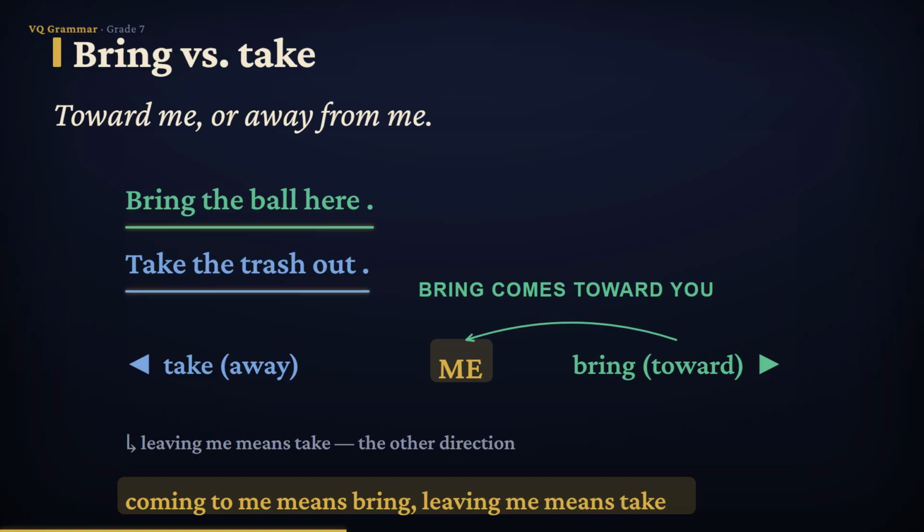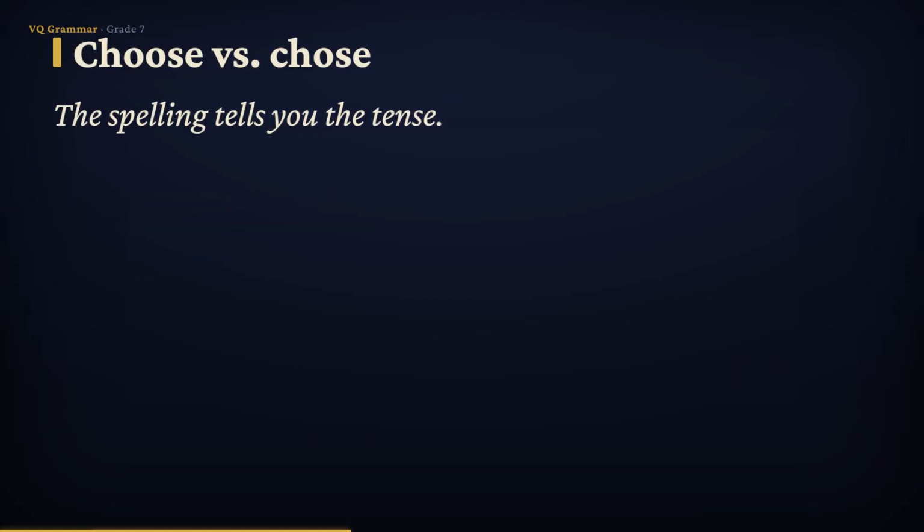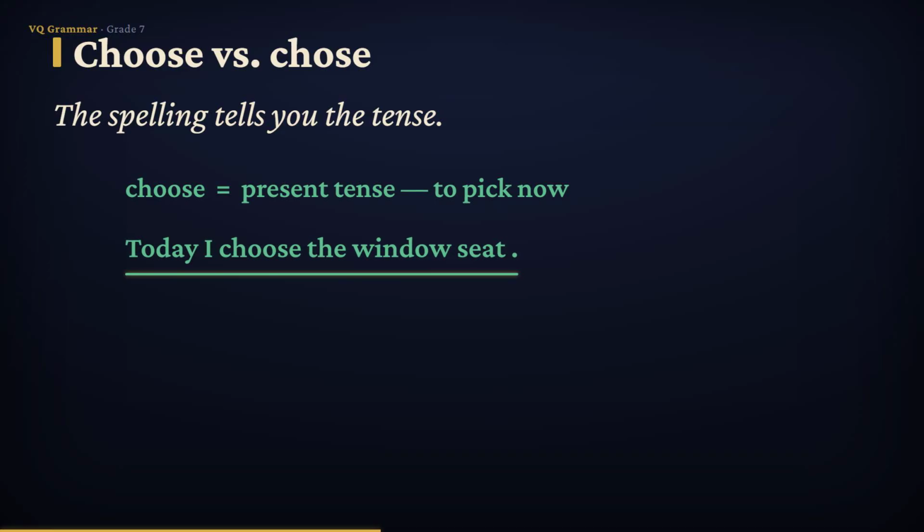Leaving me means take. Our last pair is choose and chose, and here the spelling tells you the tense. Choose, spelled with 2 O's, is the present tense. It means to pick right now. For example, today I choose the window seat. Chose, spelled C-H-O-S-E, is the past tense.